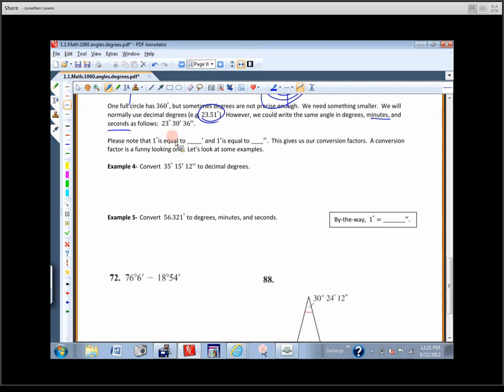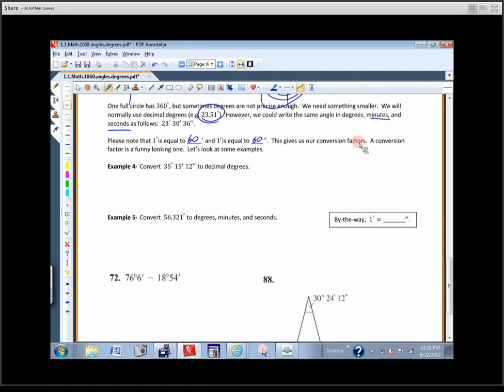So 1 degree is equal to 60 minutes. So it's kind of like hours, minutes, and seconds. Every minute is equal to 60 seconds. So this gives us our conversion factors.